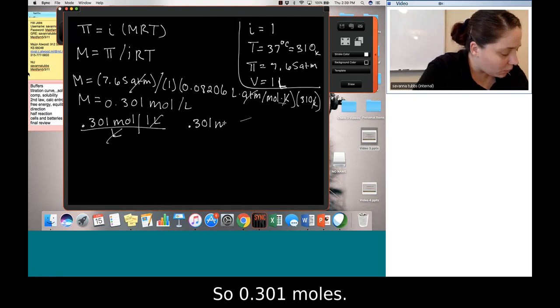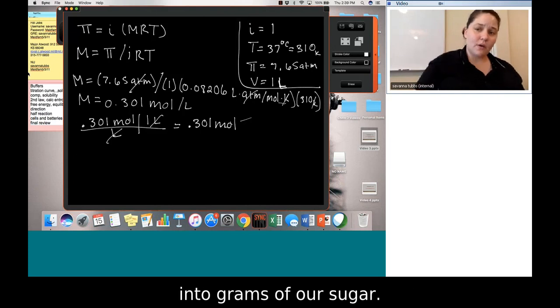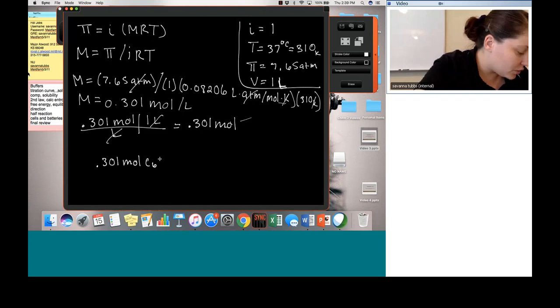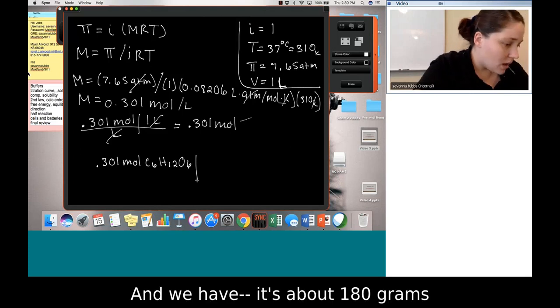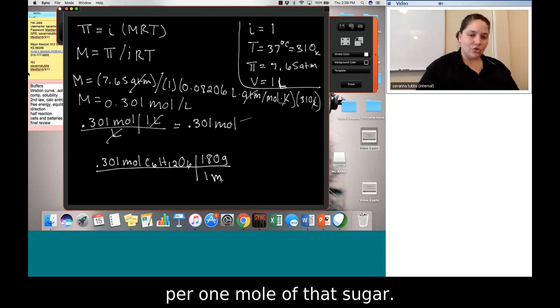So 0.301 moles. And now we need to convert our moles of our sugar into grams of our sugar. So we say 0.301 moles of C6H12O6, and we have about 180 grams per 1 mole of that sugar.